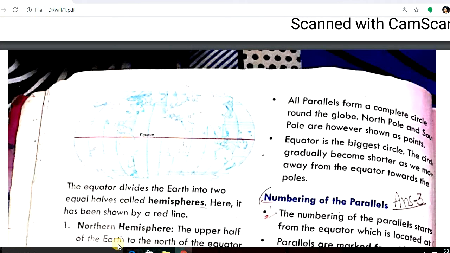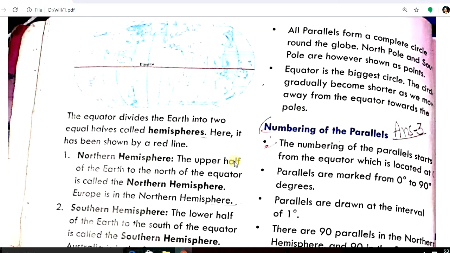Now here the northern upper part of this equator is called northern hemisphere, and the bottom part of this equator is called southern hemisphere. Now the upper half of the earth is to the north of the equator. देखो ये ऊपर वाला जो हिस्सा है वो northern hemisphere होता है, और इक्वेटर का जो नीचे आधा हिस्सा है वो southern hemisphere होता है.